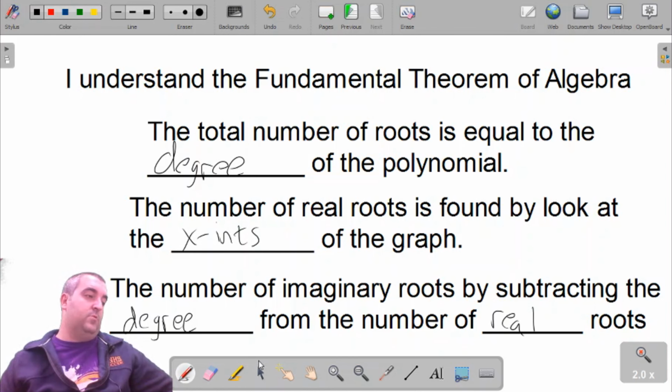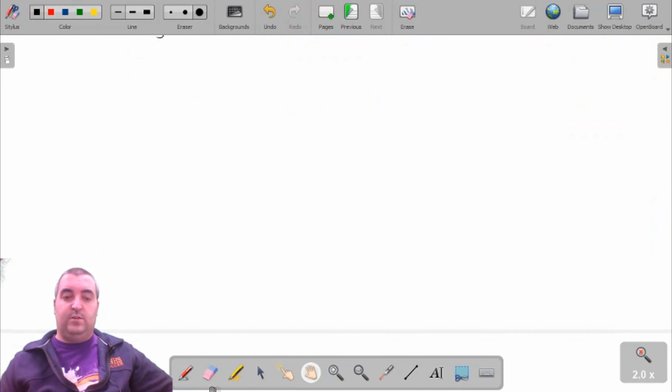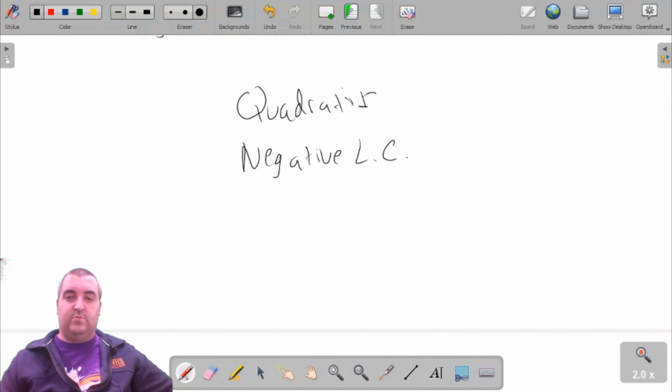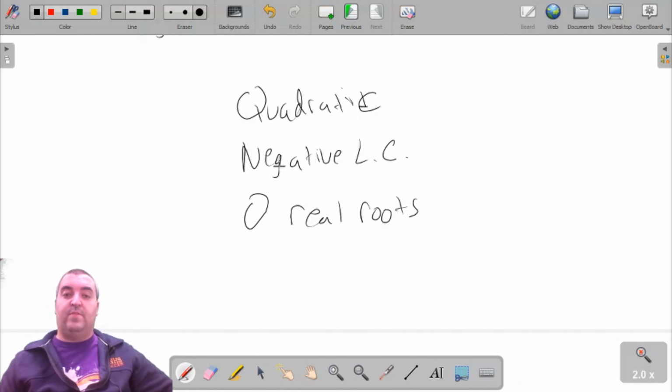Okay, so if I were to ask you to sketch a graph with a quadratic with a negative leading coefficient, I'll put LC for the, wow, that doesn't look like quadratic, and 0 real roots, well, according to the fundamental theorem of algebra, quadratic means degree 2, negative leading coefficient tells us it faces down, and then 0 real roots means there are no x-intercepts.